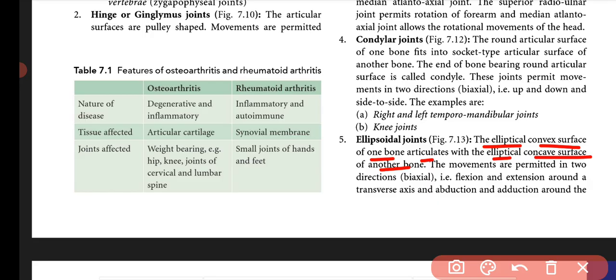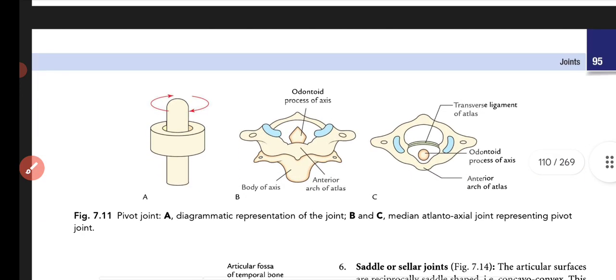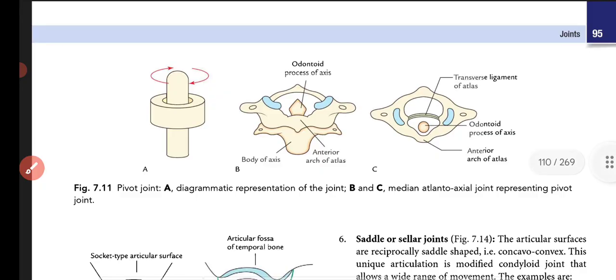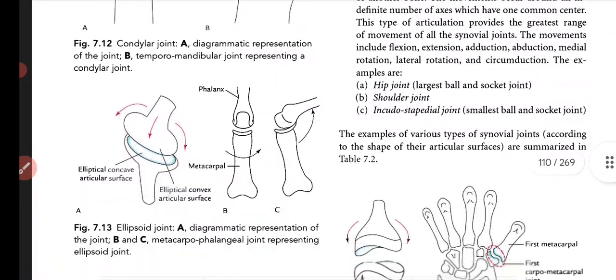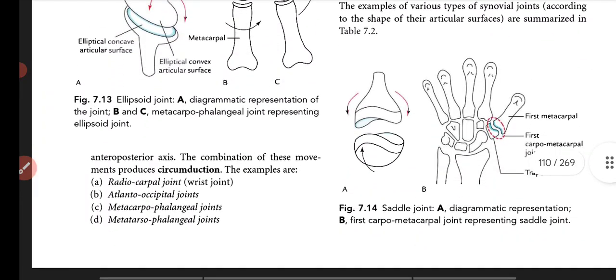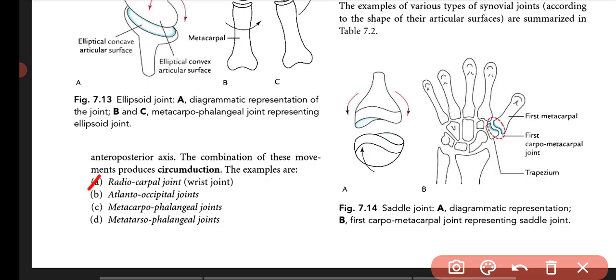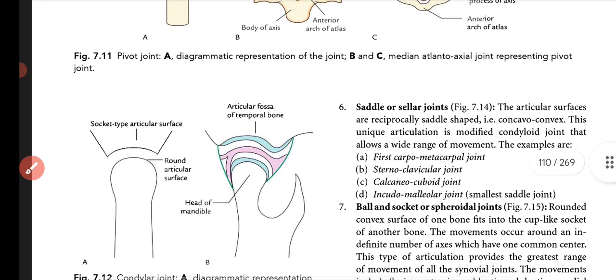Flexion and extension occur around the transverse axis, and abduction and adduction around the other axis. Examples are the radiocarpal joint, atlanto-occipital joint, metacarpophalangeal joint, and metatarsophalangeal joints.